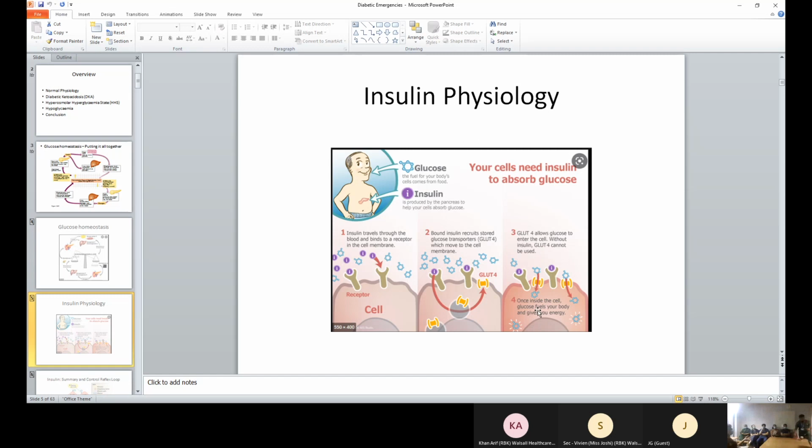That's why insulin is so important in diabetes patients. If insulin is not there, the end result is too much blood sugar in the bloodstream, not going into the right areas.